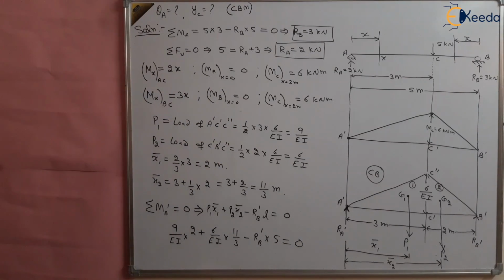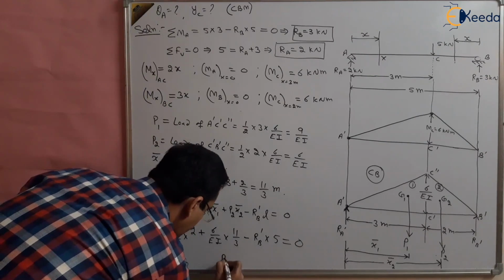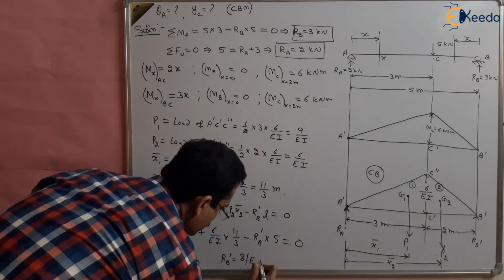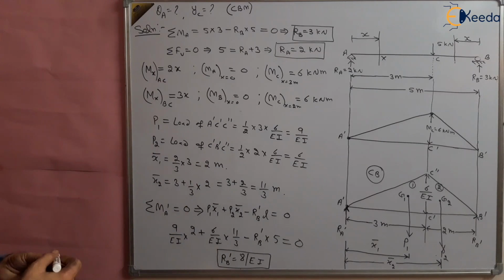From here we can find RB dash. Solving it, you will get RB dash, the reaction at point B, as 8 by EI. So one of the reactions is obtained.